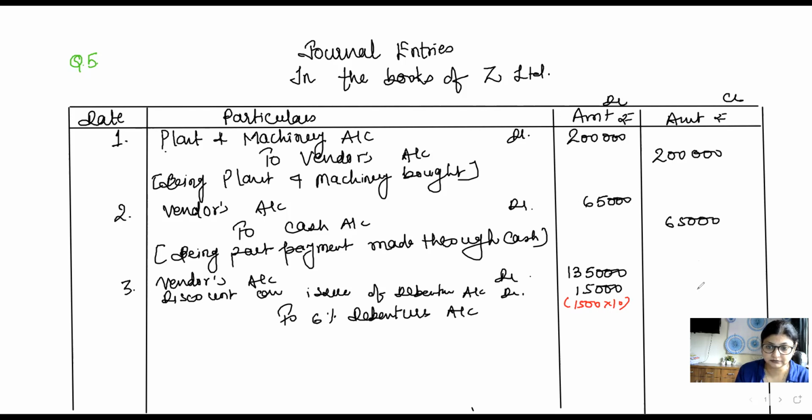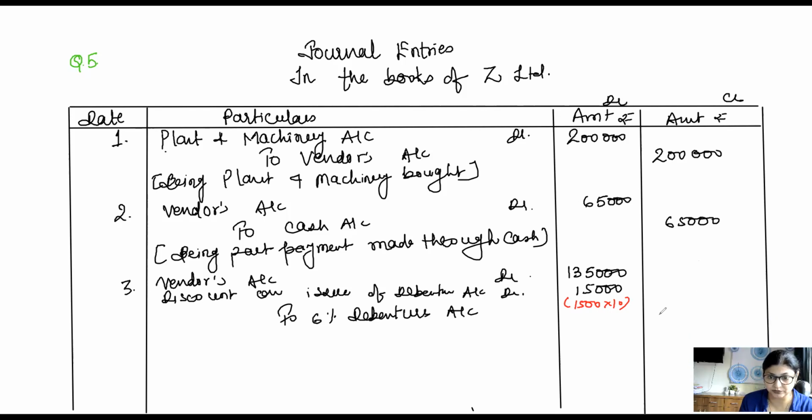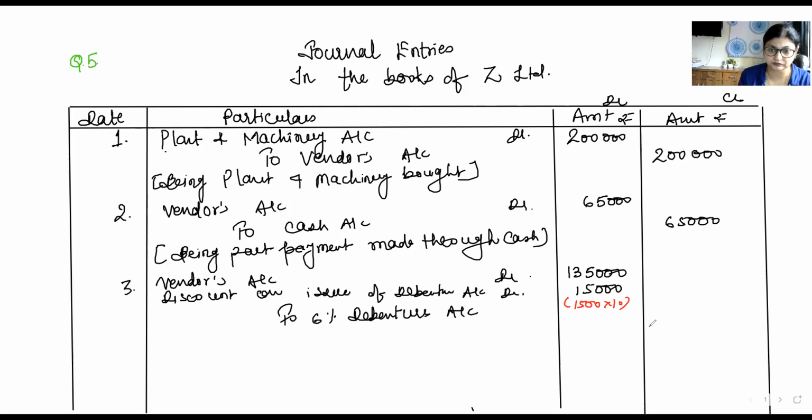And here, this is going to be 1,50,000. How do we get this? That is 1500 debentures multiplied by the face value of debenture, which is rupees 100.